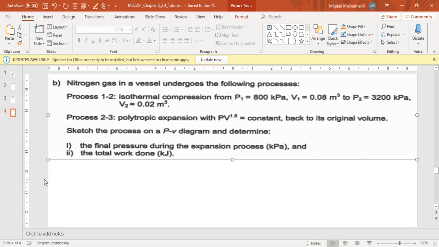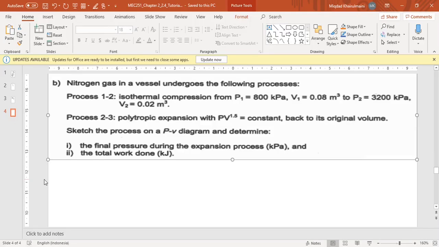The final pressure during the expansion process refers to P3, and the total work in units of kilojoules. We have two processes, and each process has its own boundary work, so we have to calculate them individually, and then add them up to find the total boundary work done, in units of kilojoules.